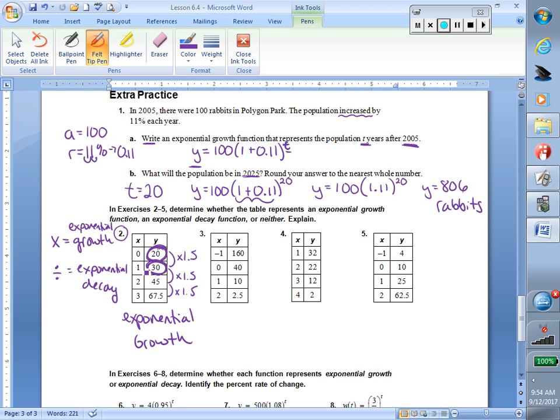Let's try the same thing with number 3. Number 3, it looks like I'm decreasing. I go from 160 to 40 to 10. This one, the pattern looks a little easier. 160 divided by 4 gives me 40. 40 divided by 4 gives me 10. 10 divided by 4 does give me 2.5.